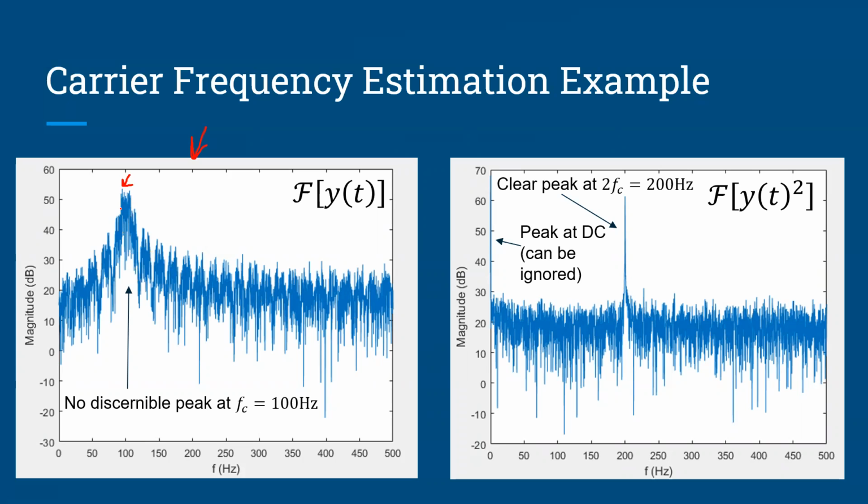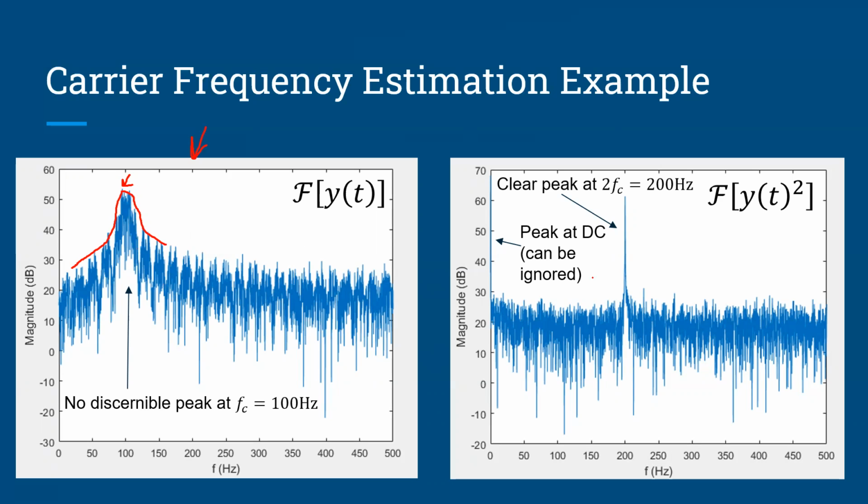But because we're modulating the carrier, the nice delta function you get is spread out over a range of frequencies. And that has some sort of envelope that decays as you get farther away from the carrier frequency. But because there's no single peak there, it's very difficult to determine what the carrier frequency is from just this.